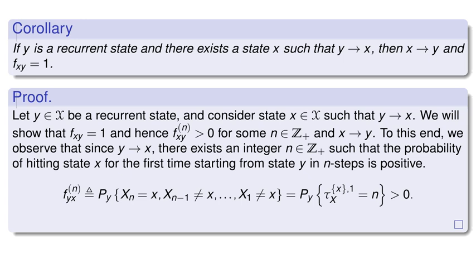That is, f_yx^n, which is defined as the probability, starting at y, that X_n equals x, X_{n-1} is not x, and so on down to X_1 not being x, is greater than 0. This is just the probability P_y that the first hitting time of set X, tau_X^{set X,1}, is equal to n, and this is positive.